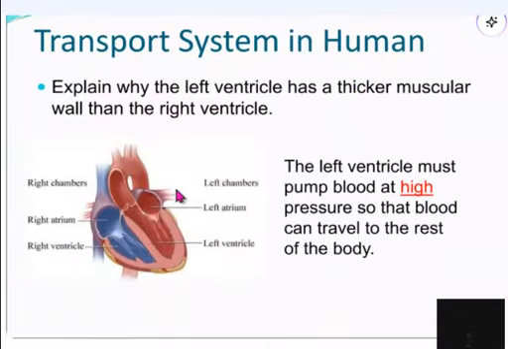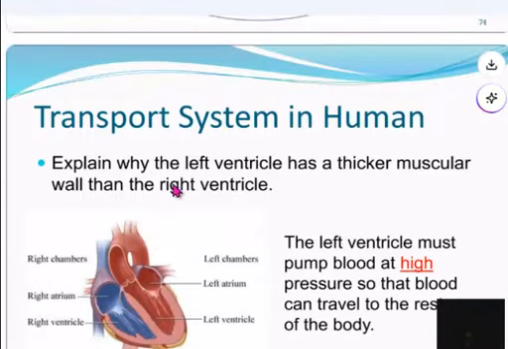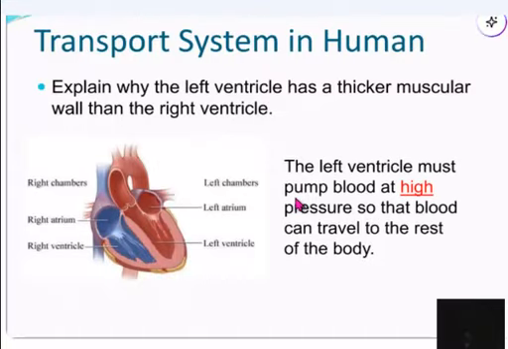So that is that. Now, that explains why the left ventricle has a thicker muscular wall than the right ventricle. That's a question I asked previously, and now I get some of it. The left ventricle must pump blood at a high pressure so that blood can travel to the rest of the body. It's because of that high pressure, because of the way it is coming: right atrium, left atrium, right ventricle, and left ventricle.